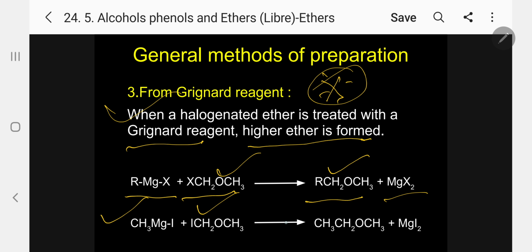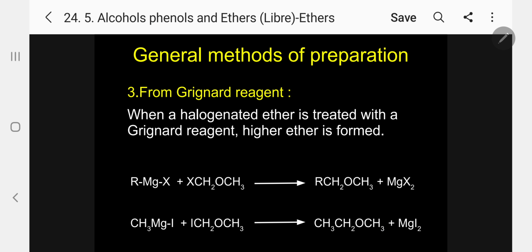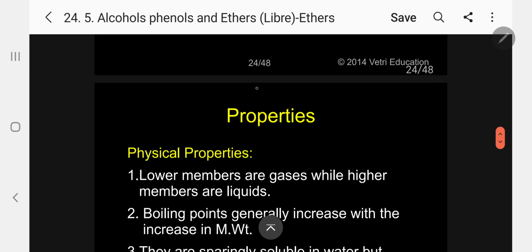When you treat with this, kindly follow, we are getting methoxyethane. So an unsymmetrical ether is produced. That is a higher member being produced. So from a lower member, I am getting a higher member. Dimethyl ether can be converted into haloether, the iodide ether, then we can go for propyl ether. So this is most important.